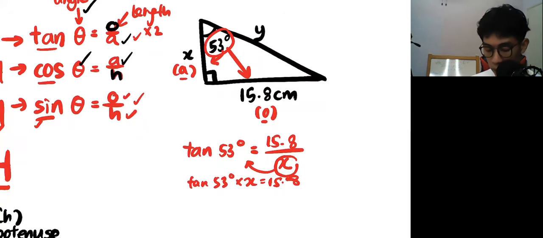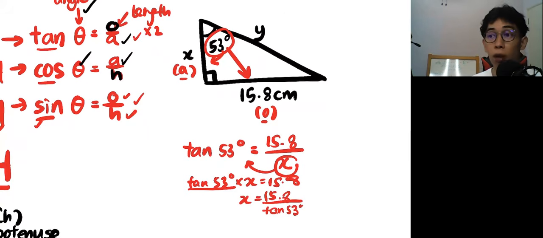Now x equals 15.8 divided by tangent 53, moving it to the other side by dividing. Then press 15.8 divided by tangent 53, and you will get 11.91 cm, with 2 decimal points minimum. That's how you get your length.